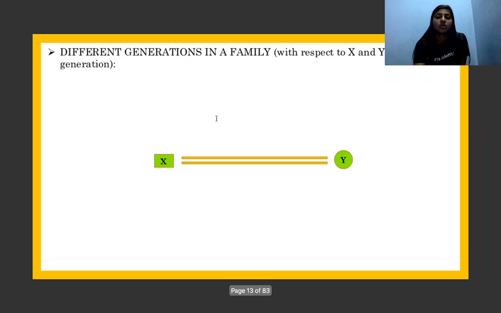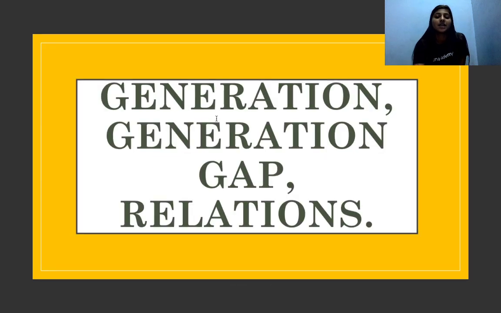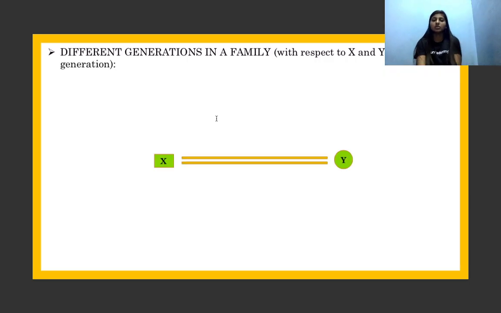Now we'll talk about generation gaps and relations in detail. So we'll take one couple X and Y and assume that they are on the third generation. Okay, they are from the third generation.